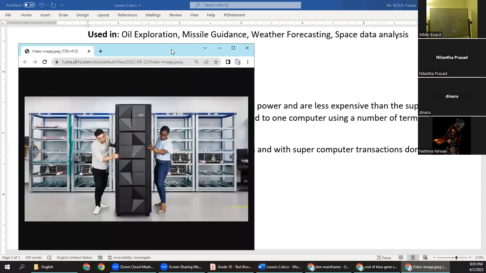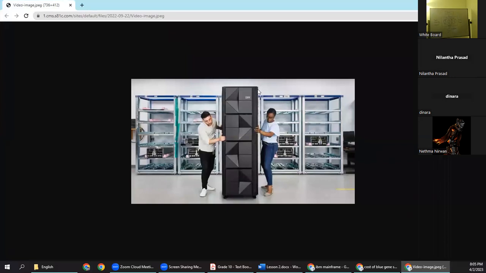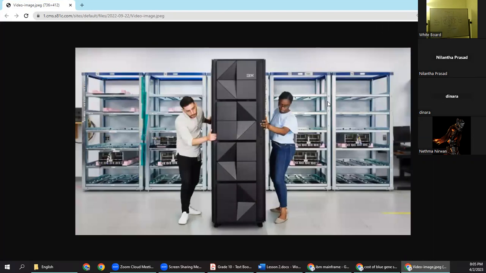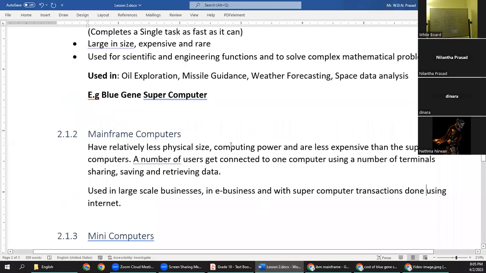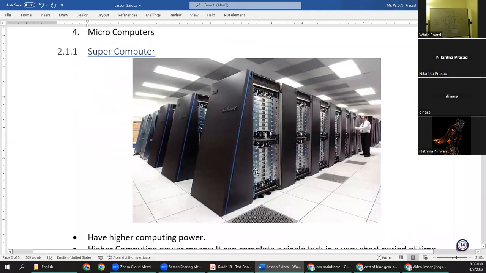Let's have a look at this one. Mainframe එක මොන වගේද? If you take this one, you can see not one computer, you have many.